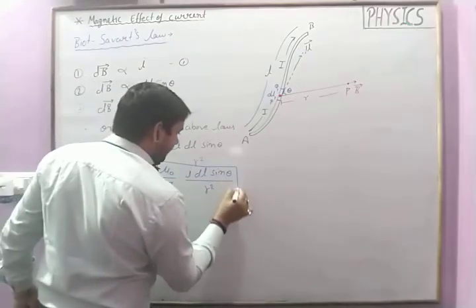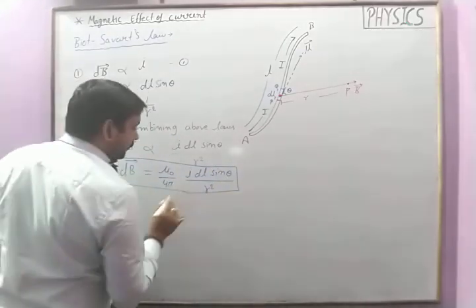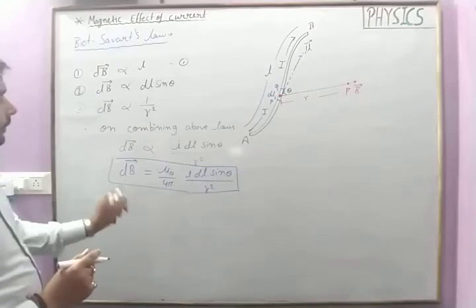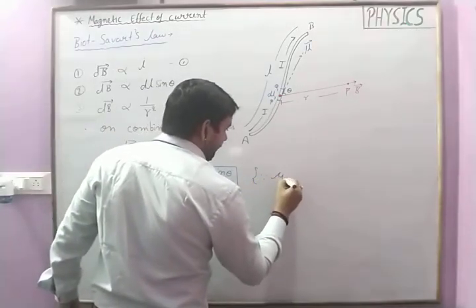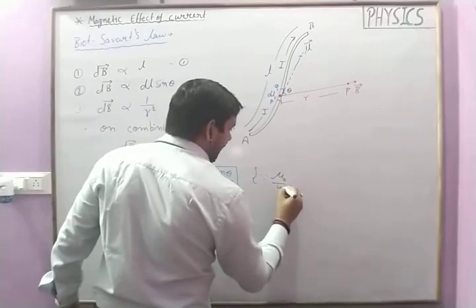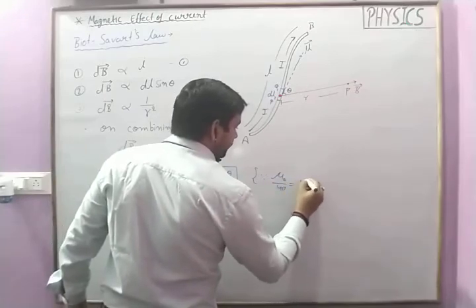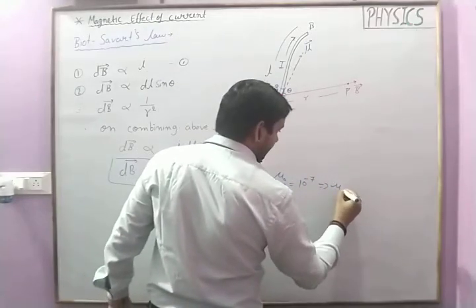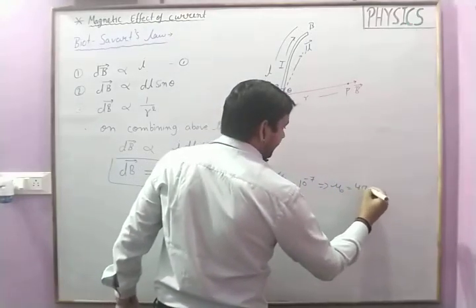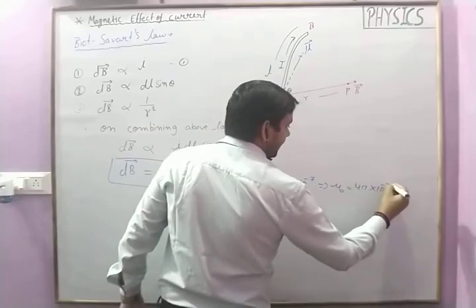This is the magnetic field due to a current element, where mu naught upon 4 pi is equal to 10 to the power minus 7, or mu naught is 4 pi into 10 to the power minus 7.